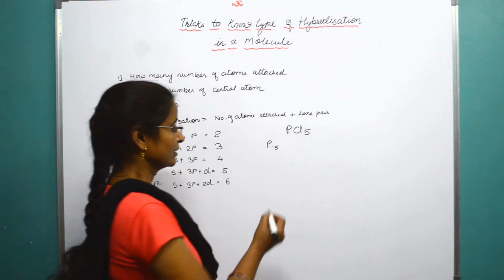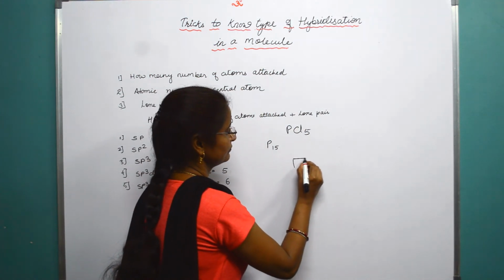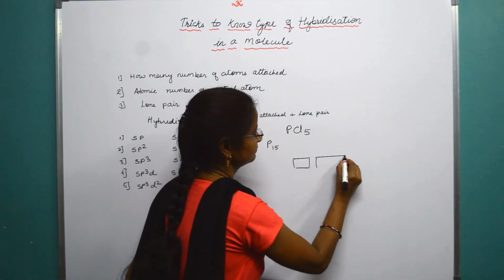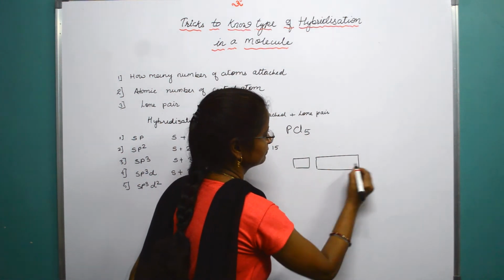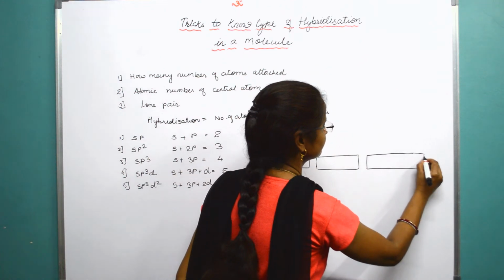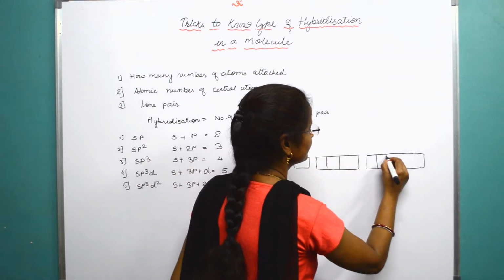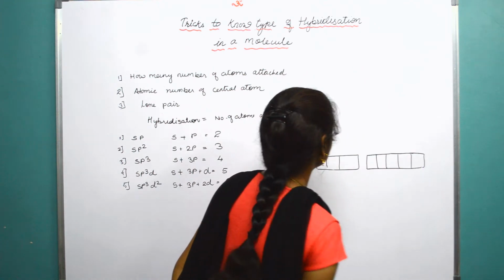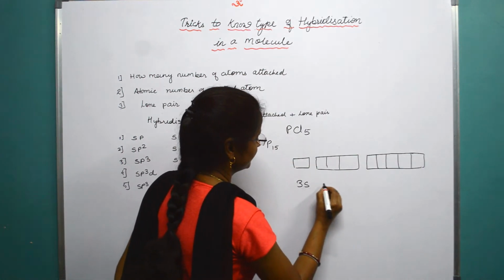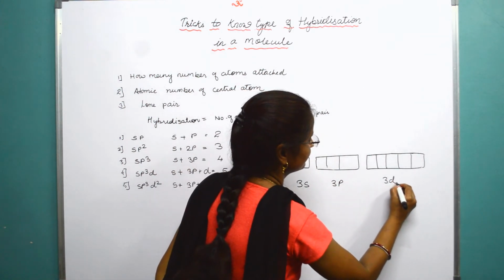Now I am writing only the excited state configuration, with 3s, 3p and 3d.